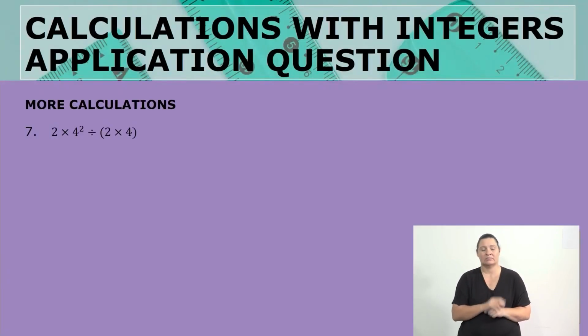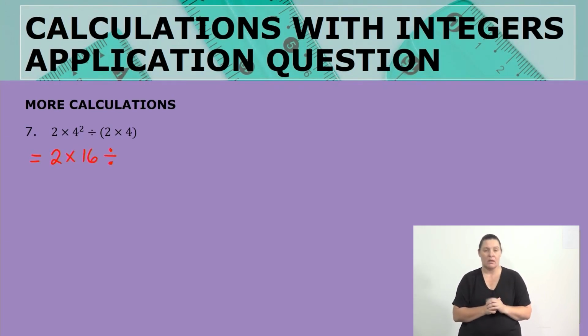So number 7 says there 2 multiplied by 4 squared divided by 2 multiplied by 4 in brackets. So we are going to start with the powers and with what is in the brackets. So 2 multiplied by, what is 4 squared? So this is a positive 4. 4 times 4 is 16.